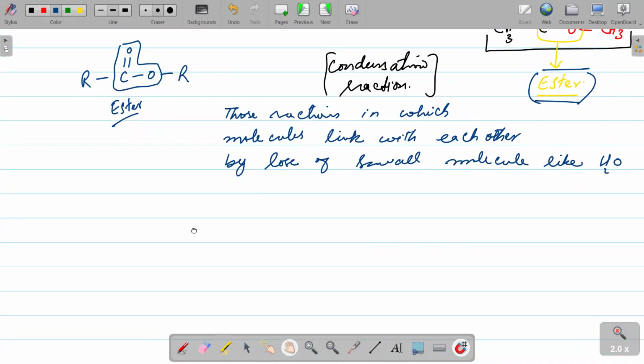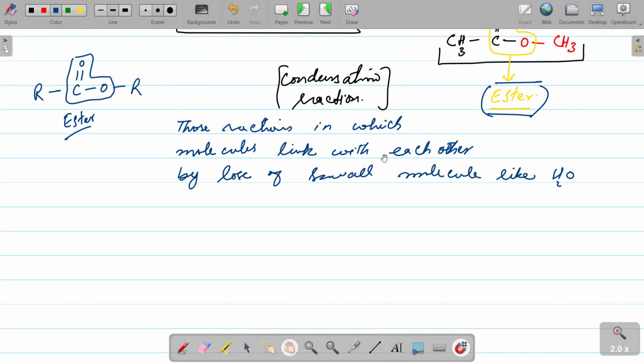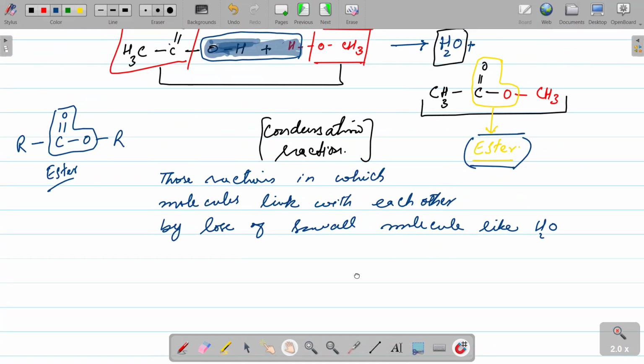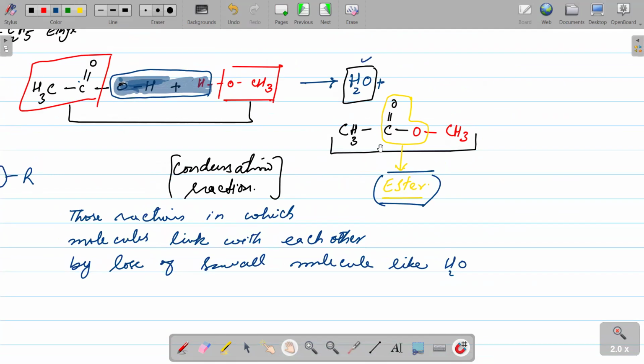Now, next step is how can we name it? Look at this. I used different colors to draw this ester structure. The black color is the part of the ester molecule which came from carboxylic acid, and the red color came from an alcohol. Is it clear? So when I want to write down the name of an ester, we have to identify the part of the molecule which came from an alcohol.